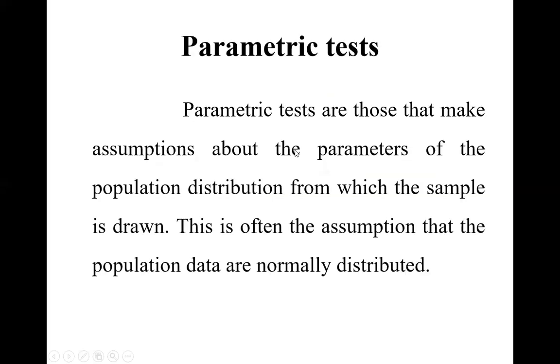Now we come to the parametric tests. We will discuss here 5 tests: one sample t-test, independent t-test, paired t-test, analysis of variance, and repeated measures ANOVA. First of all, we should understand in which condition we should use each of them.